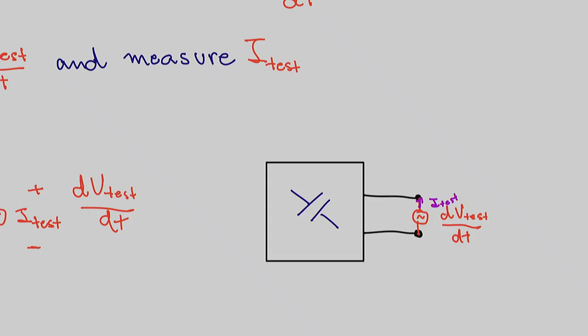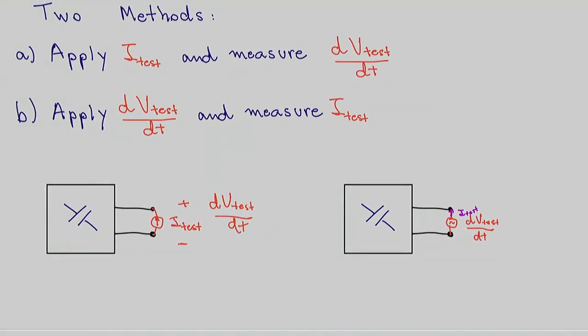And then we form IV curves, and with our IV curves, we can write that the equivalent capacitance would be I-test over dV-test/dt. Okay? Questions so far? I'm going to do examples next, but this was just a refresher of the methodology, the Thevenin and Norton equivalents applied to capacitors.